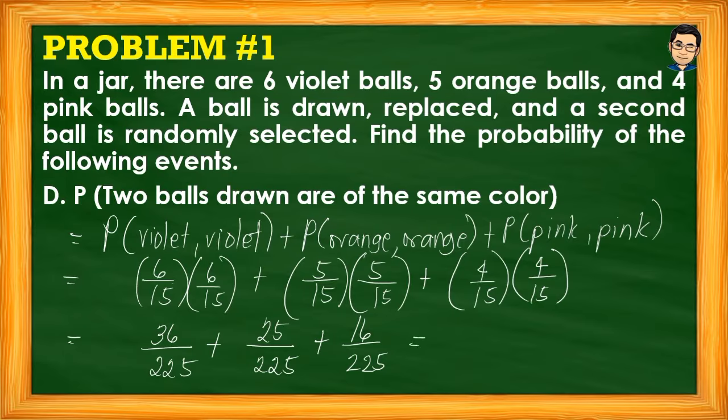So, 36 plus 25, that is 61. Plus 16, that will give us a sum of 77 all over 225. So, ito po yung probability that the two balls drawn are of the same color.